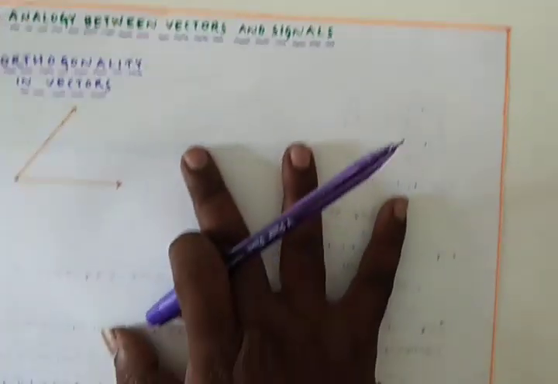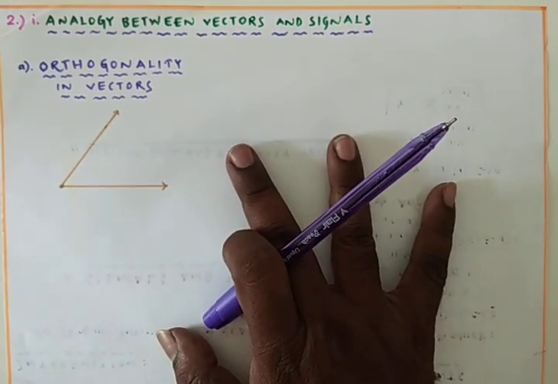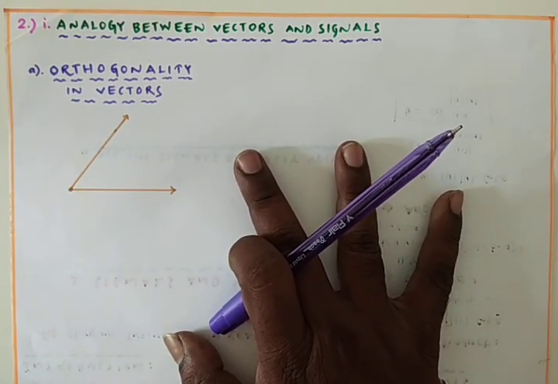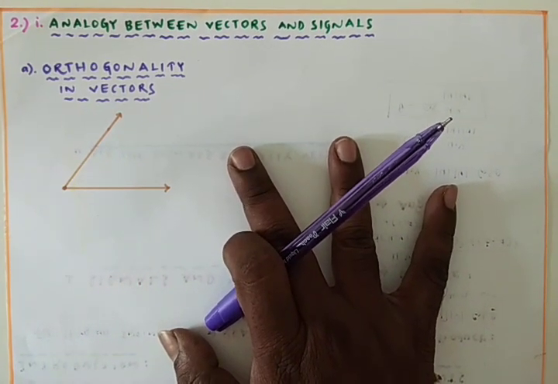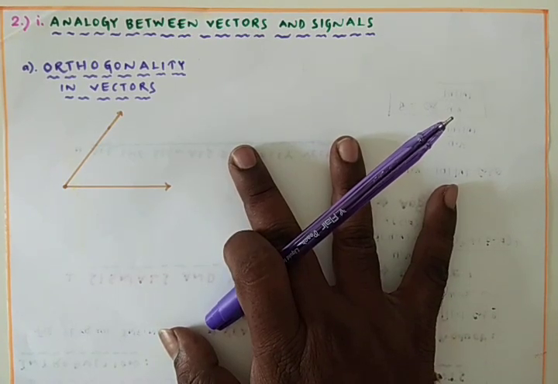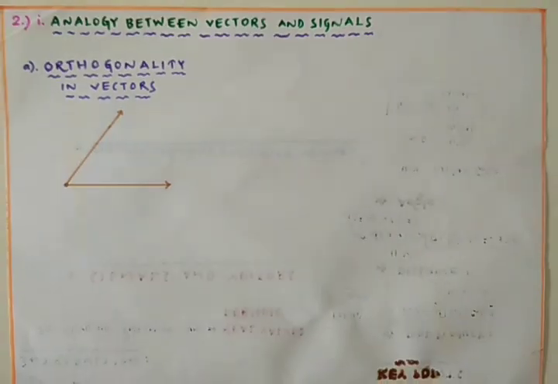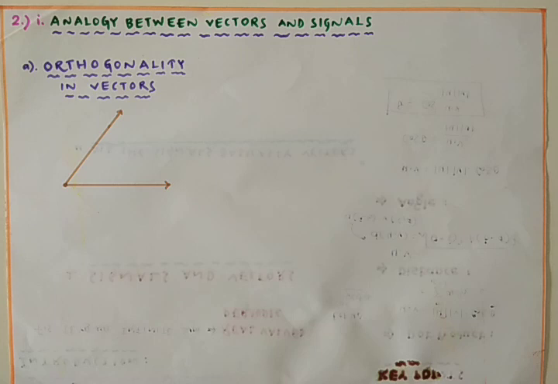Now I am going to talk about another topic. If you are good at those three points, we can go for the next topic, that is called the analogy between vectors and signals. Signals can be represented in the form of orthogonal functions.